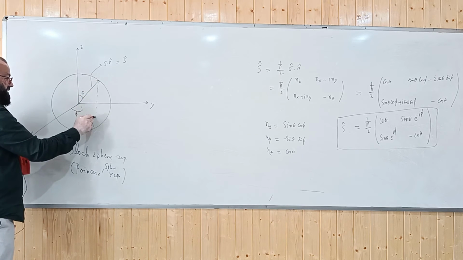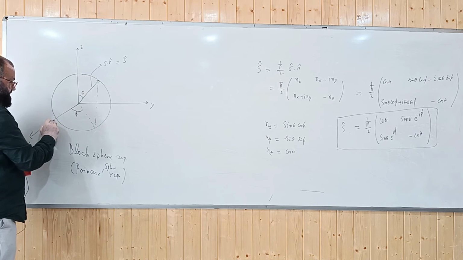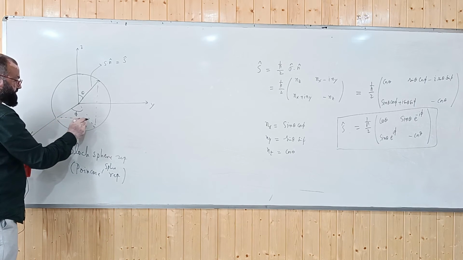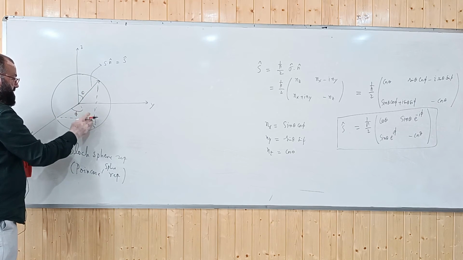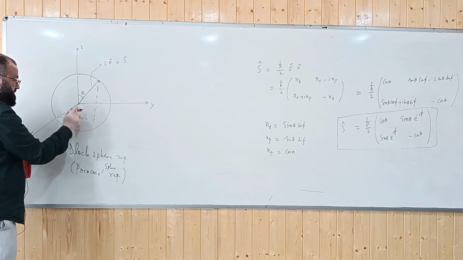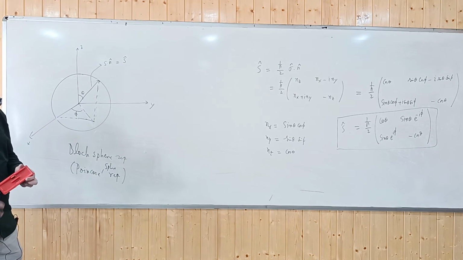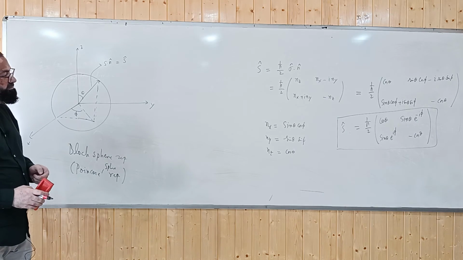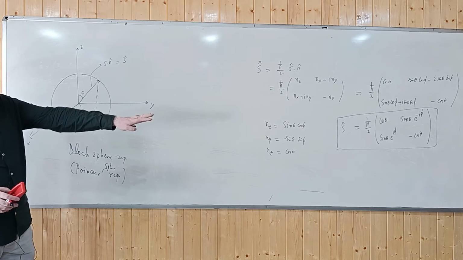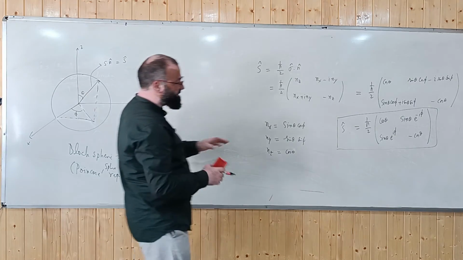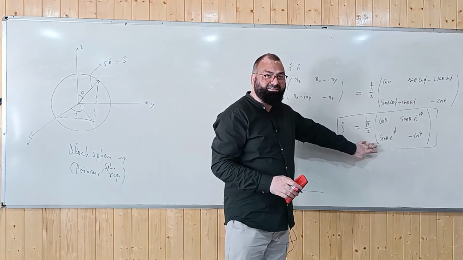This is actually the projection on which plane? X, Y. Something like this. So this is the projection on the x, y plane. Got it? Okay. So now let's figure out the eigenstates of that. You have the matrix, and you already know the eigenvalues.